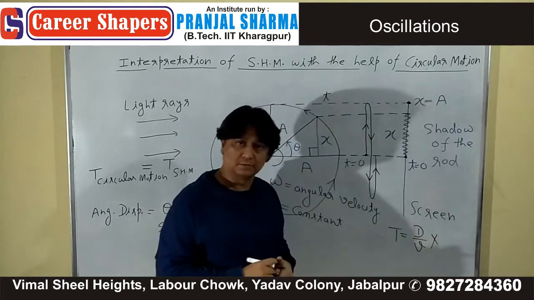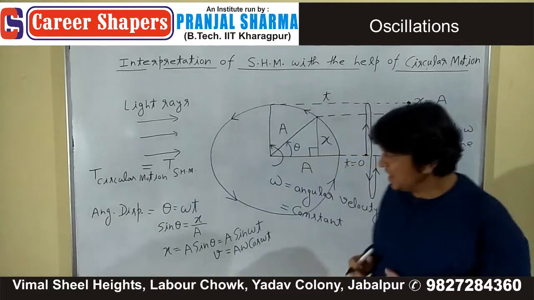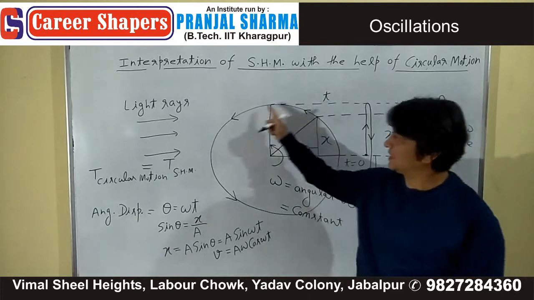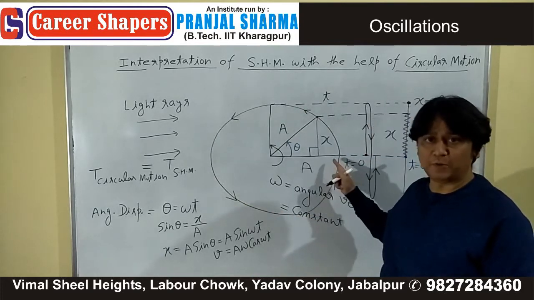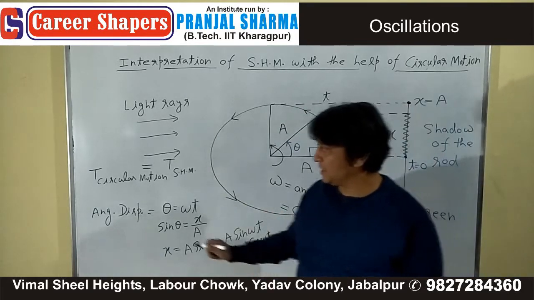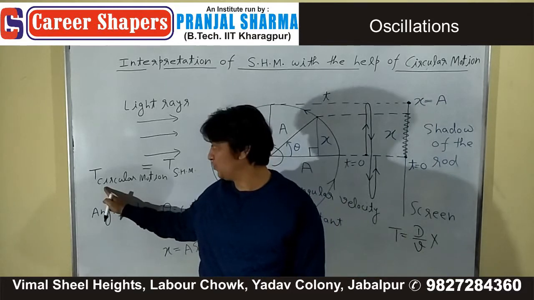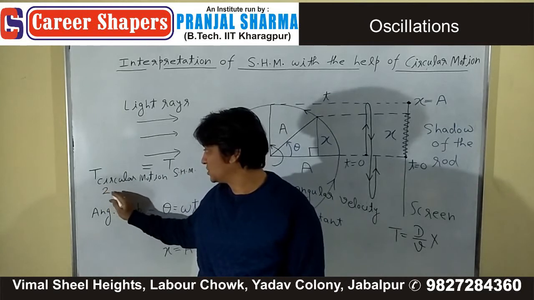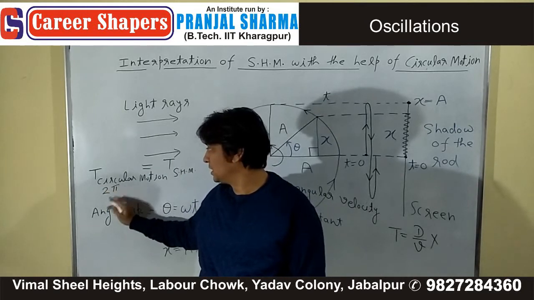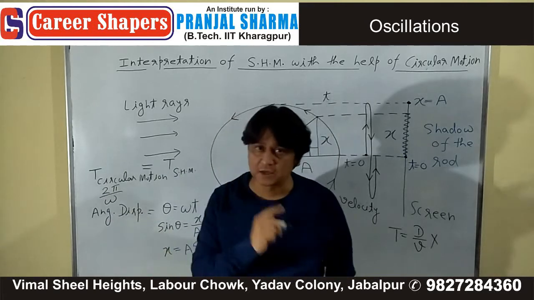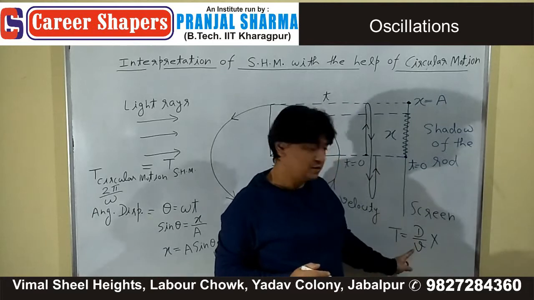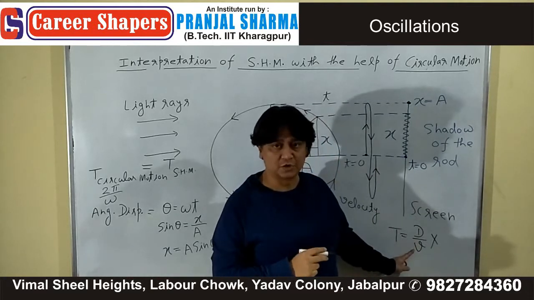We cannot. But if I ask you, can we find time taken by the rod to complete full circle in this form? Angular displacement divided by angular velocity, then you will say yes. Why? Because distance upon speed is used when speed is constant.